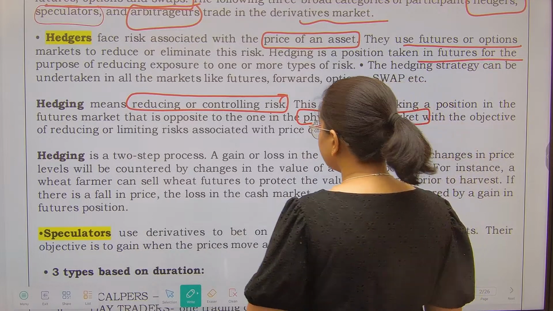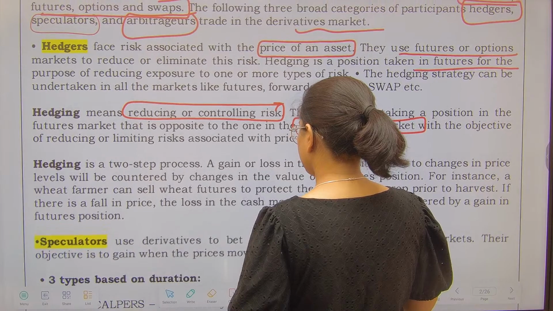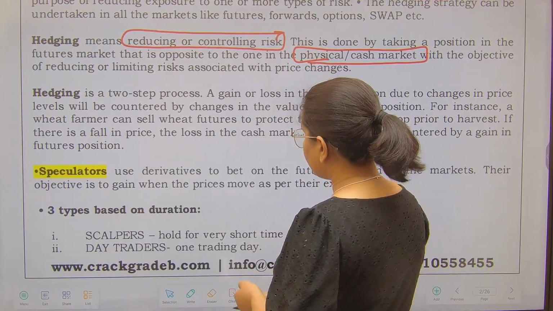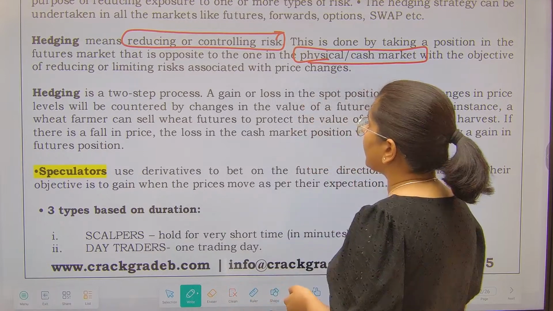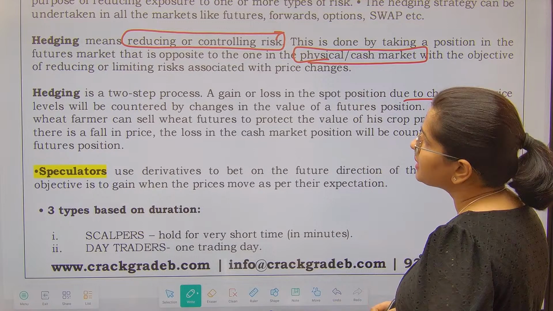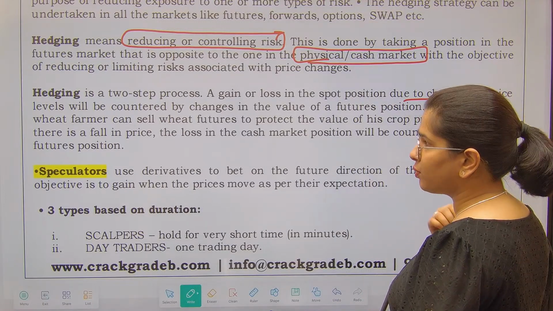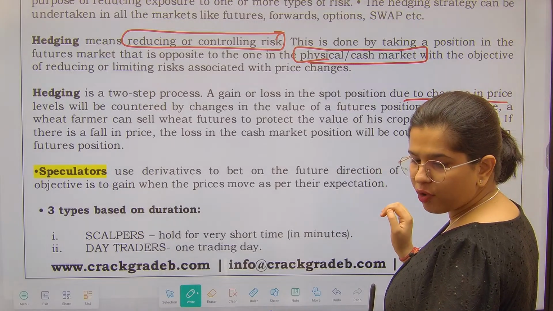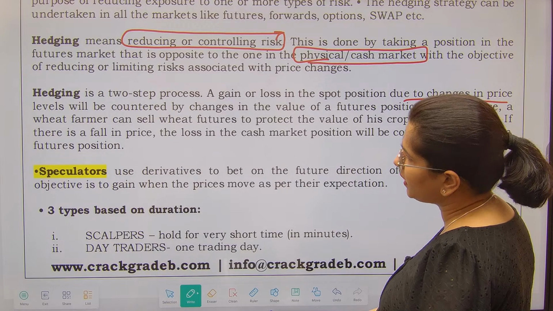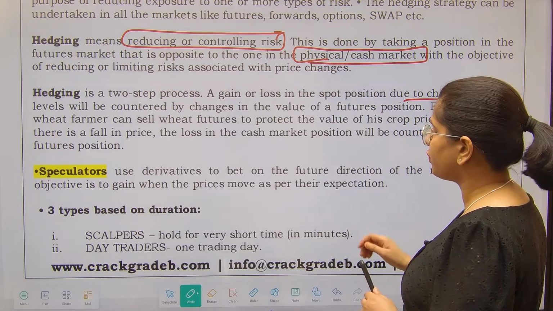Now hedging is a two-step process. A gain or loss in the spot position due to changes in price levels will be countered by changes in the values of the futures position. So this is what we have all understood, right? We have talked about the position of the wheat farmer, how he can purchase and sell through the futures contract.